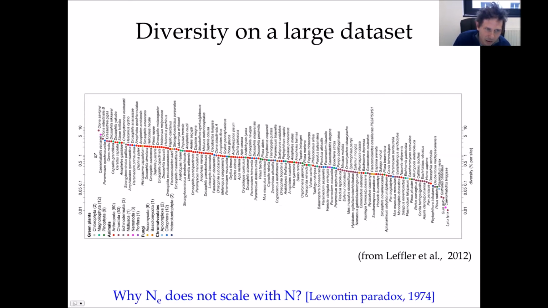In these organisms, the diversity varies over 1 or 2 orders of magnitude, but the number of individuals within those species covers a very large range of orders of magnitude. So they're completely uncorrelated. That's extremely disturbing. So the second very general prediction of the standard neutral model is completely wrong as well, right?